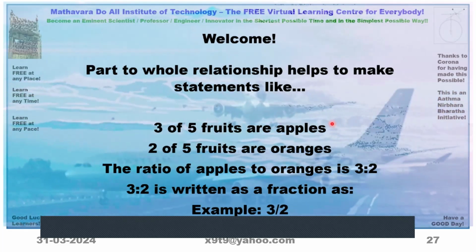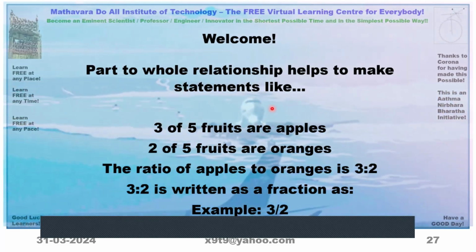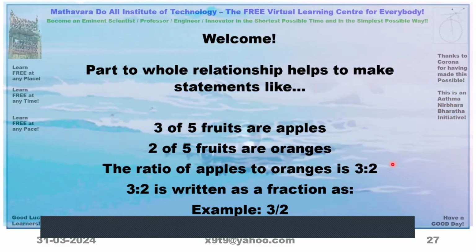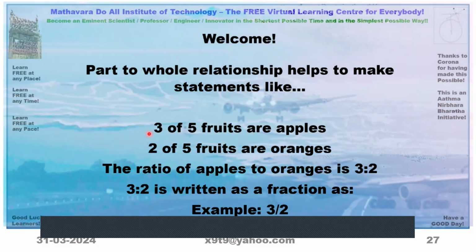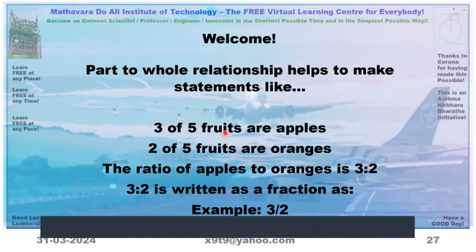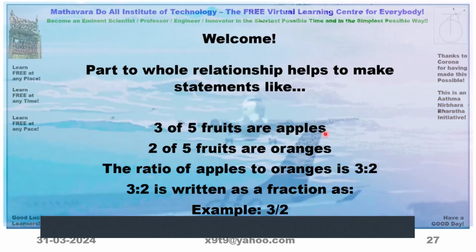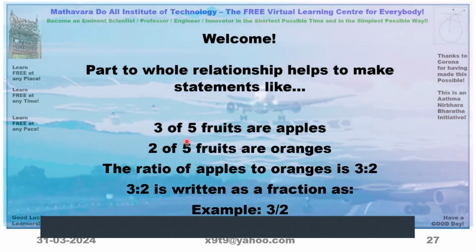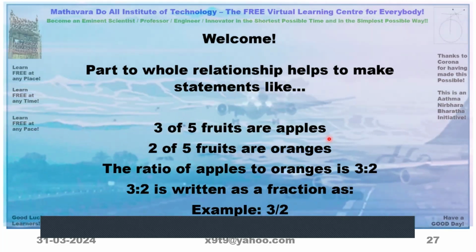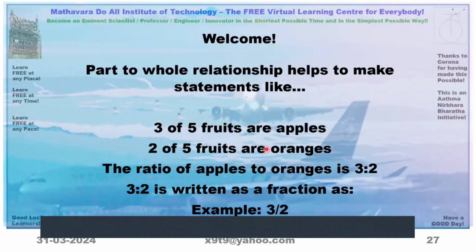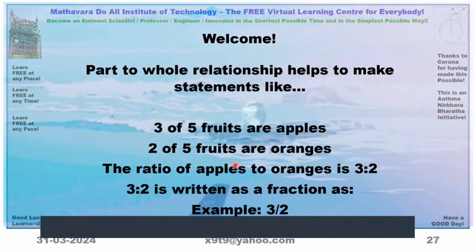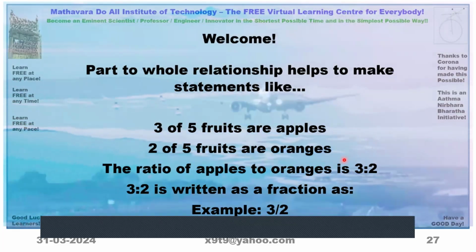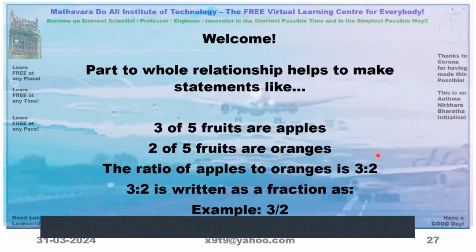So the part to whole relationship will help make several statements. For example, here 3 of 5 fruits are apples, we can say. 2 of 5 fruits are oranges. The ratio of apples to oranges is 3:2.